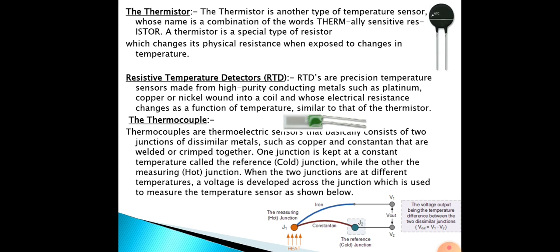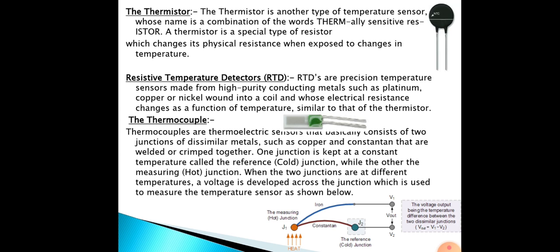The next one is the resistive temperature detector, RTD. They are precision temperature sensors made from high purity conducting metals such as platinum, copper, nickel wound into a coil whose electrical resistance changes according to the fluctuation in temperature.